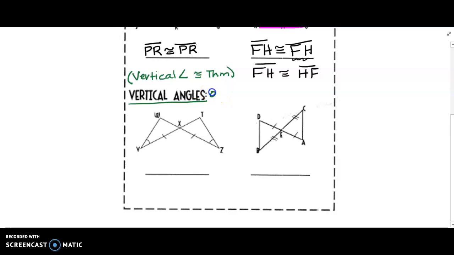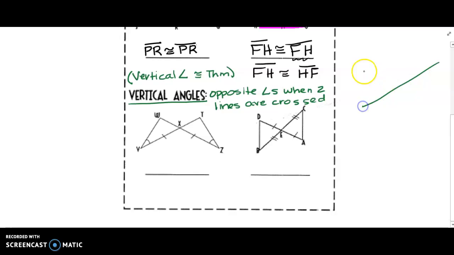Vertical angles are just opposite angles when 2 lines are crossed. If 2 lines are crossed, this angle here and this angle here would be vertical angles, and they're congruent. Or I could also say that this angle and this angle are congruent. They're opposite of each other when the lines are crossed.